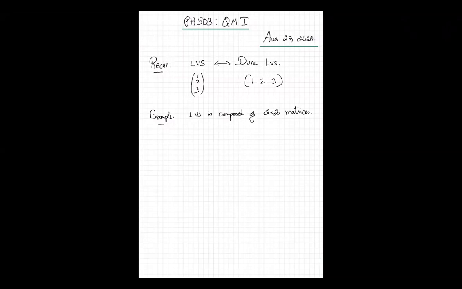The dual linear vector space in this case would also be composed of 2 by 2 matrices, because we need similar kinds of objects. Of course, we really cannot multiply 2 matrices and get a number out, because the multiplication of 2 by 2 matrices is also going to be a 2 by 2 matrix.